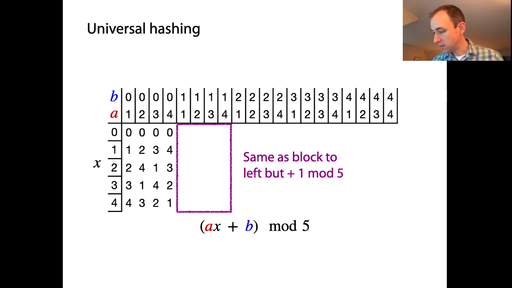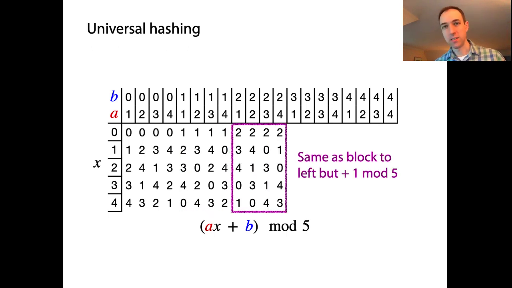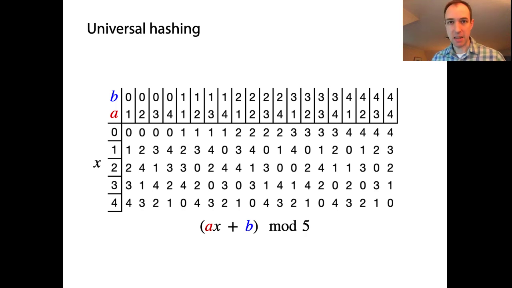Same as the block to the left, but plus 1 mod 5. And same argument for the next chunk. Again, I've got A equals 1, 2, 3, 4. The difference is that now B equals 2, so I can take the B equals 1 set of columns and just add 1 to everything, modulo 5, etc. So that's how I would fill in this table.